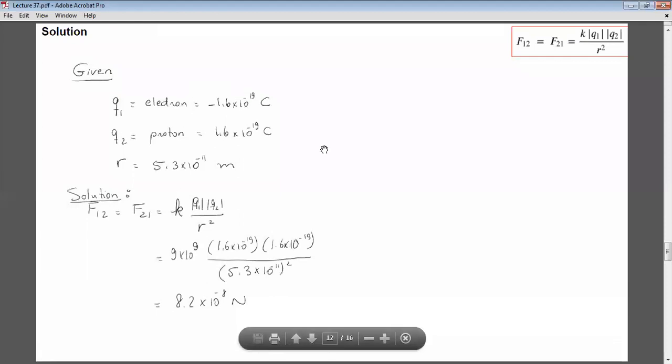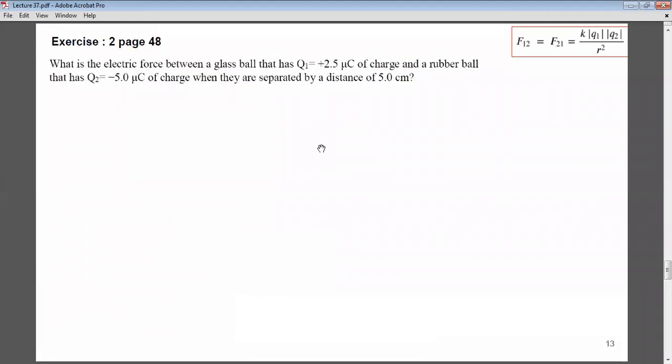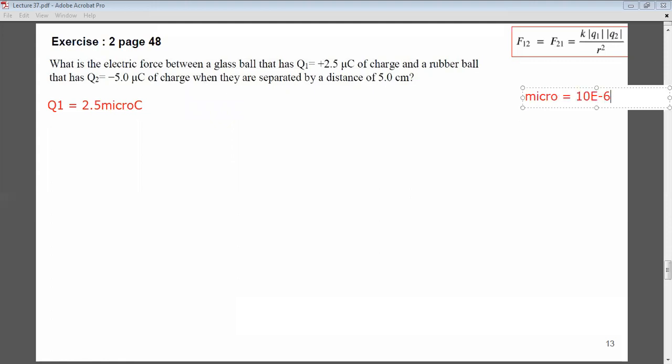You will find the solution here. Exercise 2: what is the electric force between a glass ball that has Q1 equal to 2.5 microcoulomb? What is micro? Micro is equal to 10 power minus 6.